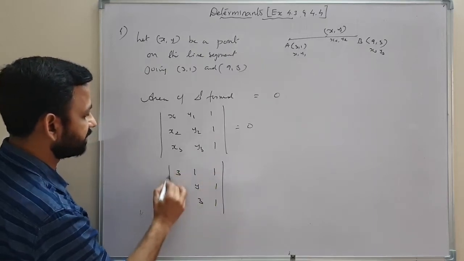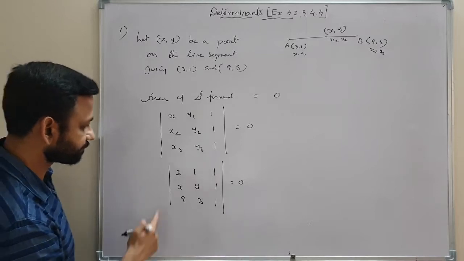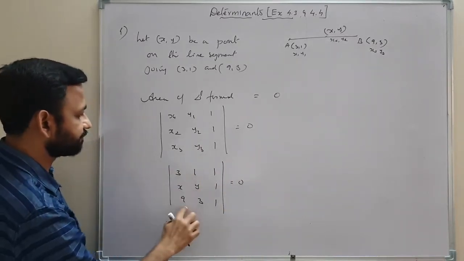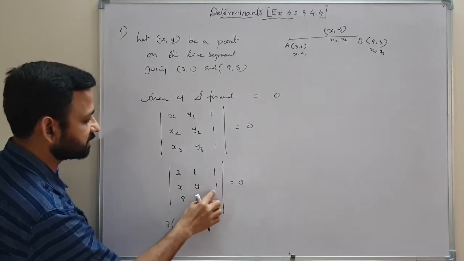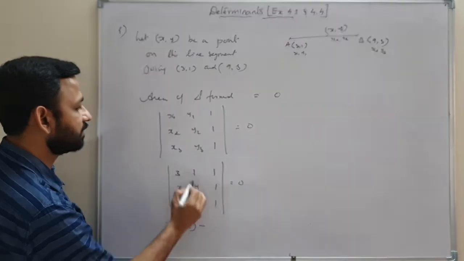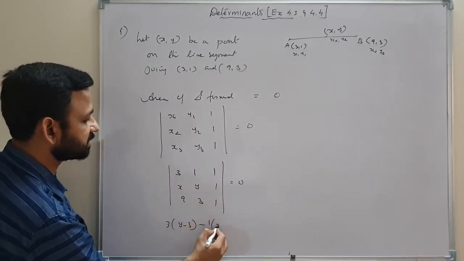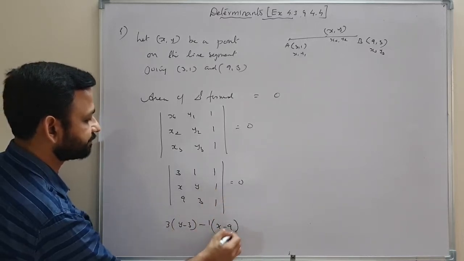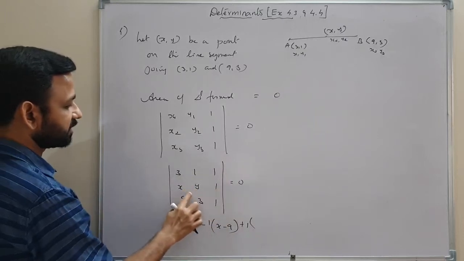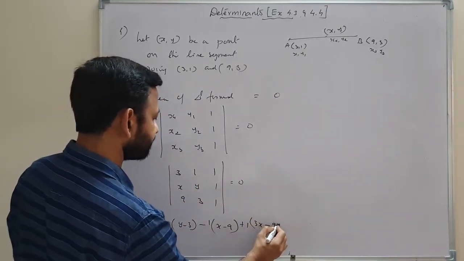Determinant equal to 0. Now we expand using the first row: 3 into (y minus 3), minus 1 into (x minus 9), plus 1 into (3x minus 9y).